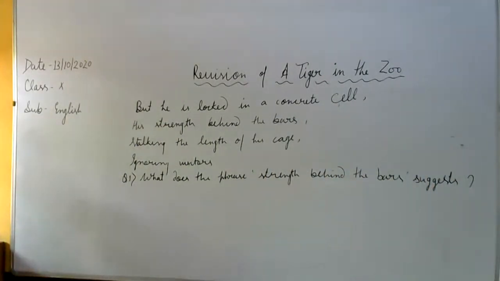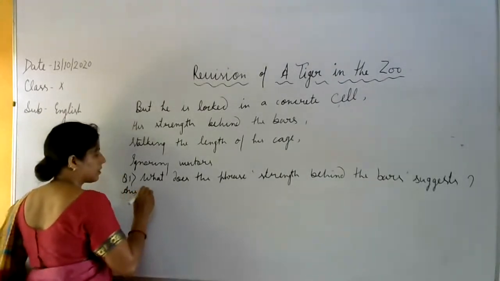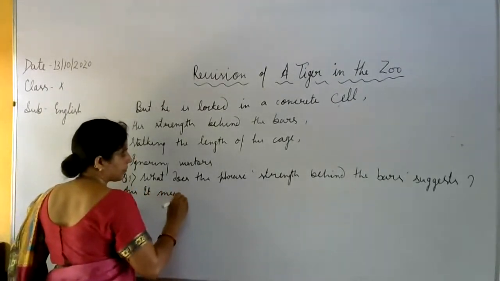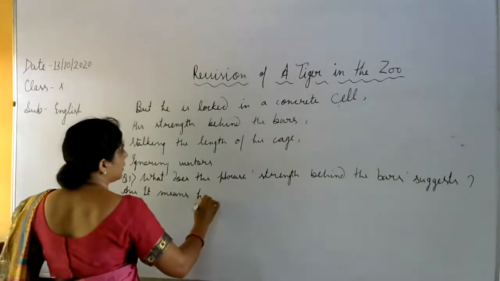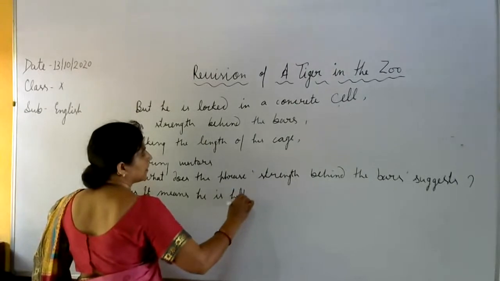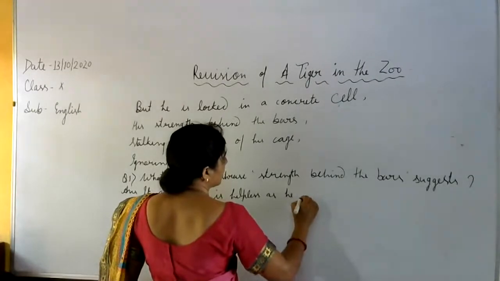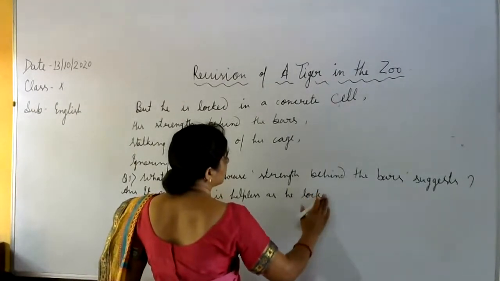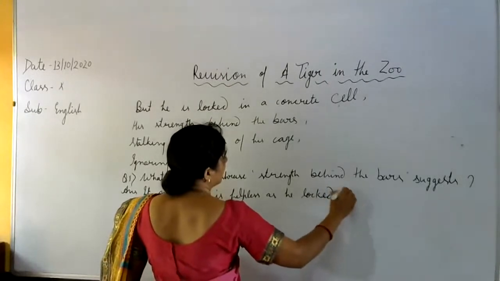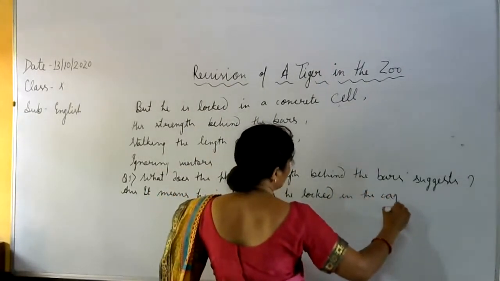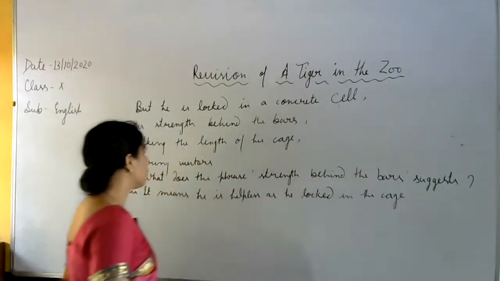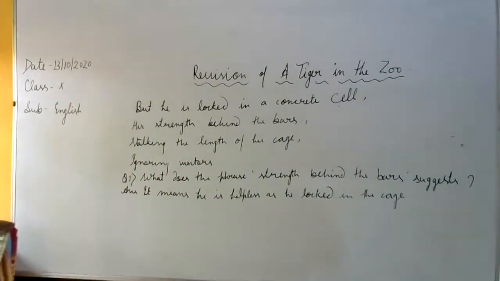The answer will be: it means that he is helpless as he is locked in the cage, because he cannot evaluate the strength, because he knew he cannot do anything, because he is locked in the cage.